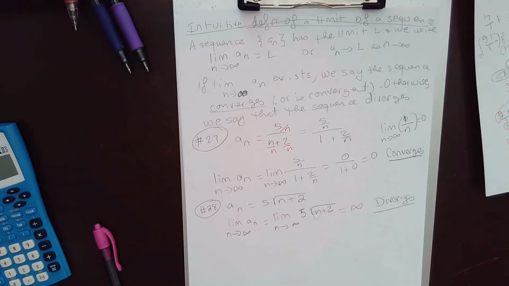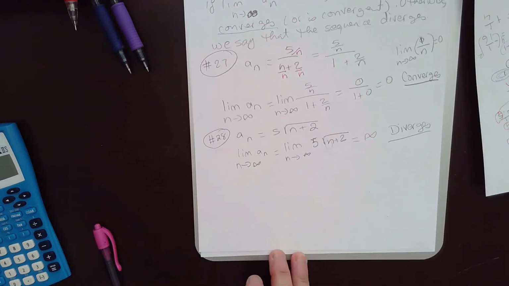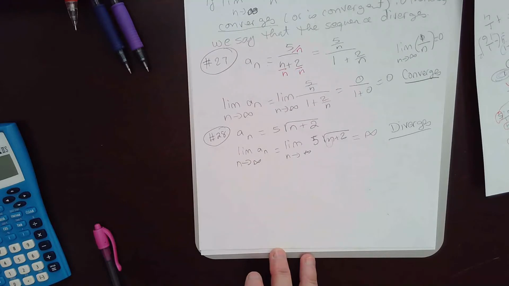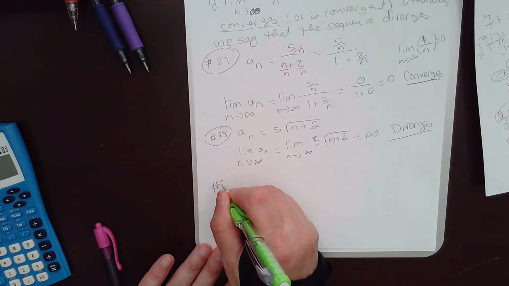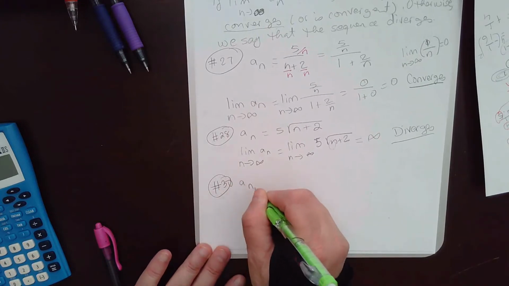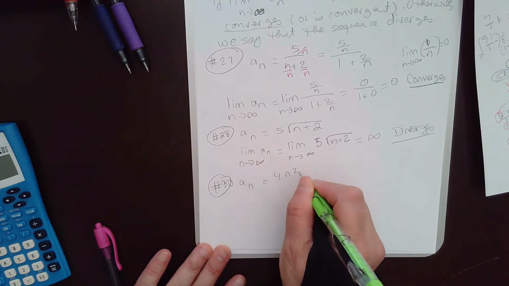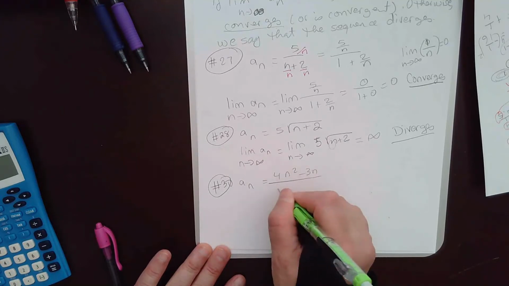So let's go ahead and do a few more problems. Let's take a look at number 30. In number 30, we have a_n equal to 4n squared minus 3n over 2n plus 1.